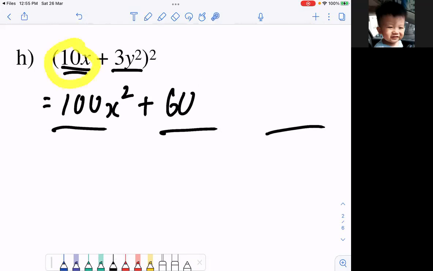Two times a times b. You got 60 means you already got the number correct. 60 is correct. xy squared. Who can mentally tell me the last term? You square the second term.